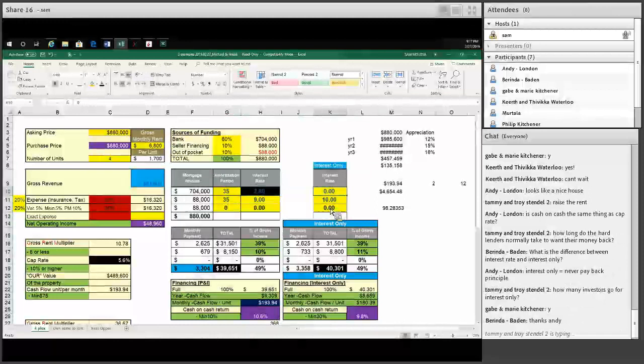Because I didn't put anything in here, it's going to assume I'm doing a regular mortgage. And you can see that the monthly payment of that first mortgage is the same on both. But when I do interest only, it's going to change the face of this. If I put no numbers in here, it's going to be exactly the same on both sides. You see that? So it changes only if you put numbers in here.